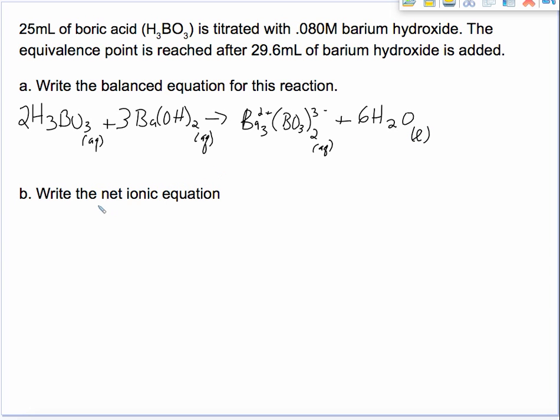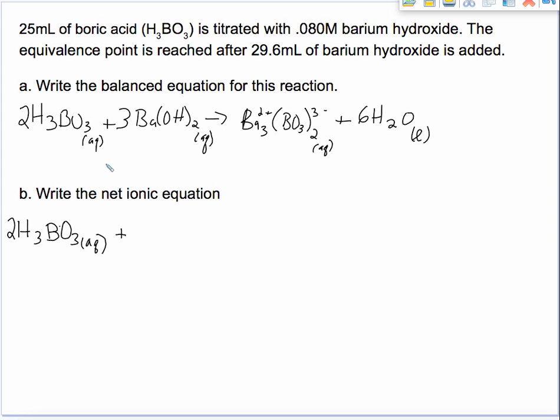All right, so now to write the net ionic equation, what you need to do is think about, okay, so is boric acid a weak acid or a strong acid? Well, it's a weak acid, so it's not going to dissociate, so you need to keep it together. Keep the 2 in front of it, and so you're going to keep it together. All right, so you're not breaking that apart.